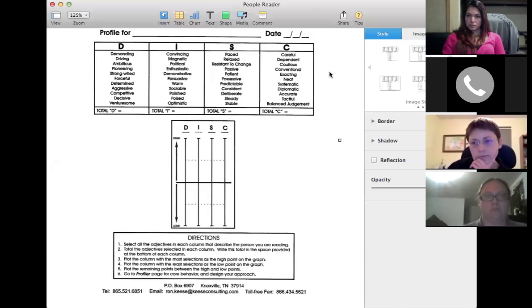Now, let's go to the workbook handout that we had put up there and look at page 4. I believe it's SP4 in the workbook, because this is where we're going to describe the behavioral styles to you, D, I, S, and C. And then we'll take just a minute right at the end to show you how this works with clients and customers and prospects and team members.